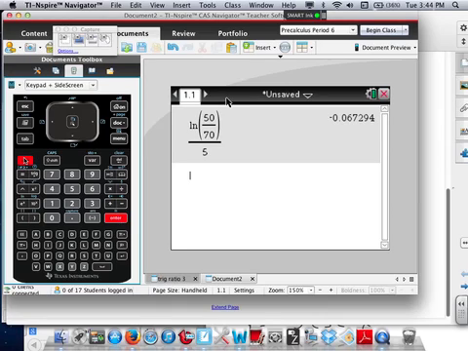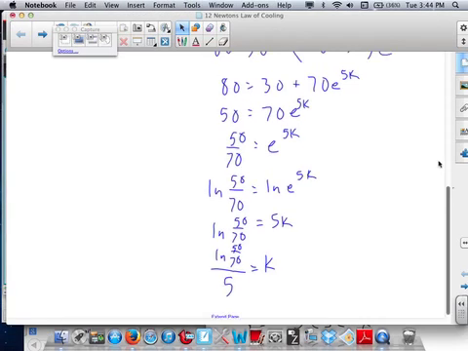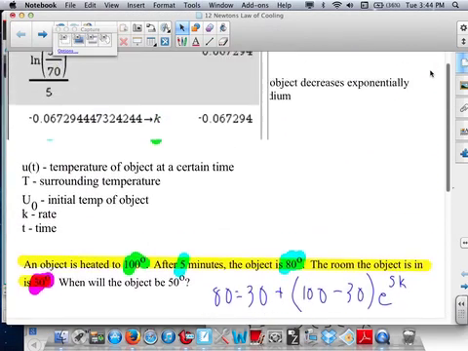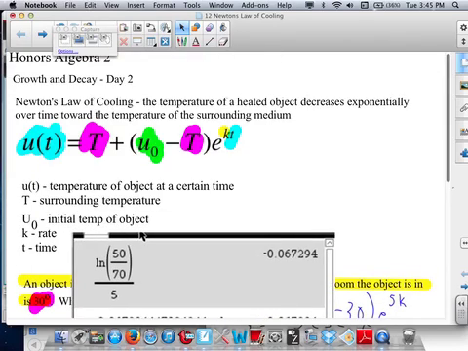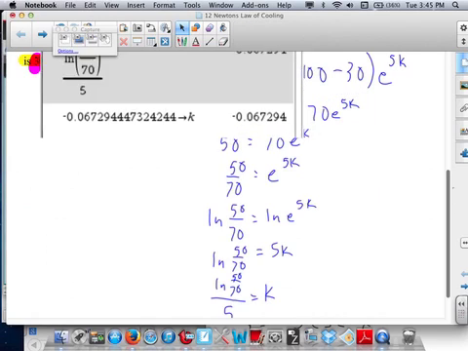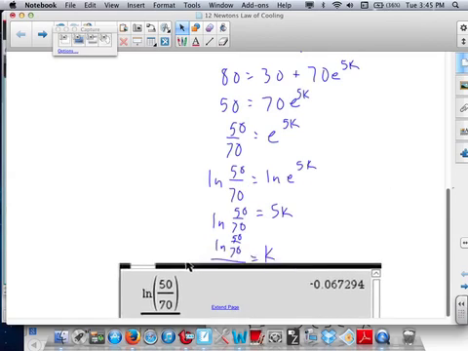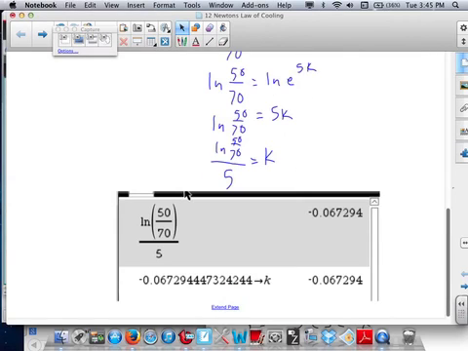All right, you know where we're going from here. We're going to store this in K. So we've got that. Let me put that in the document, what we've done. So we have our K number.